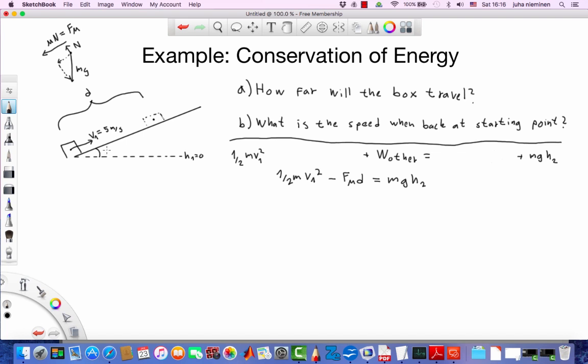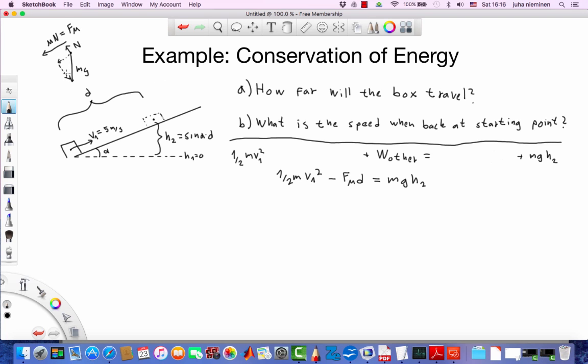The inclination is at angle alpha, and that lets us first of all express the final height h2 as a function of the distance covered d. So h2 is just going to be sine alpha times d.